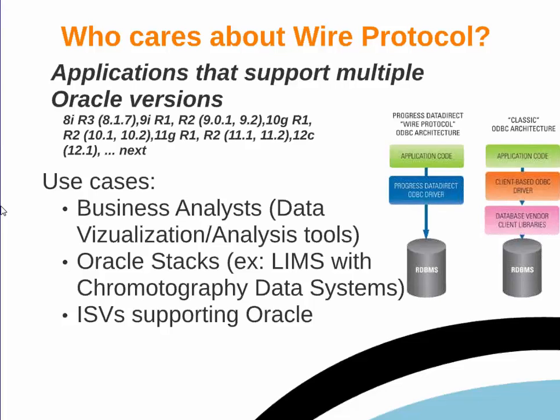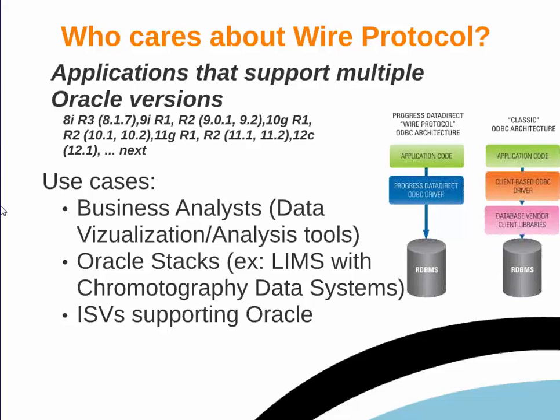And to visualize, on the right, this is the architecture. On the left is the DataDirect. You've got your green application code, blue is our driver, and it connects directly to the database. With a classic architecture, there's a piece in between, which is a client library in pink, and that's typically version specific, and it may have very different performance characteristics if you run a version 11 client with a 10 database or a 9 database, and the different combinations can become overwhelming.